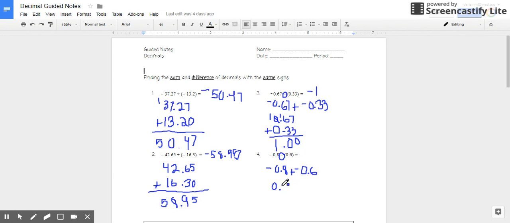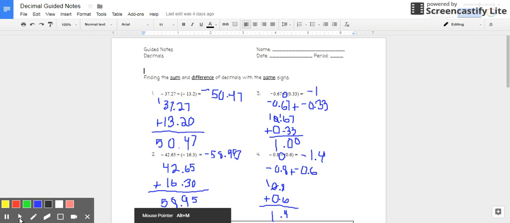So I'm going to add 0.8 plus 0.6. And then 8 plus 6 is 14. So I'm going to write the 4, carry the 1. And then this turns into 1 whole plus 0 is 1. So then I have a negative 1 and 4/10.